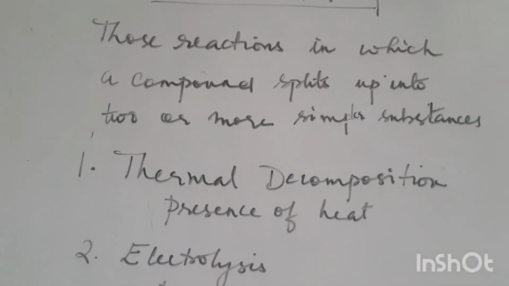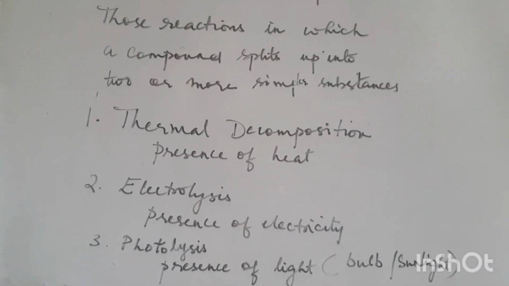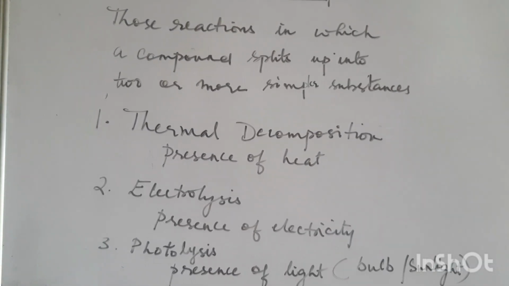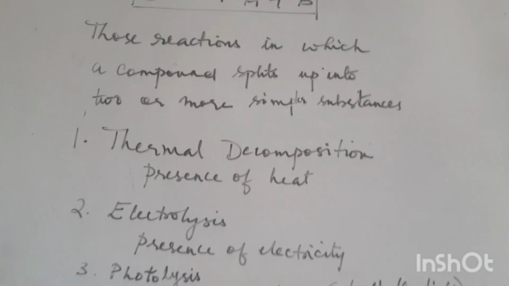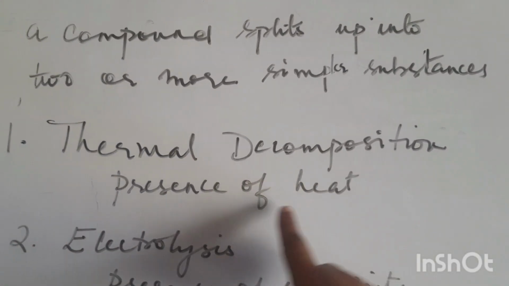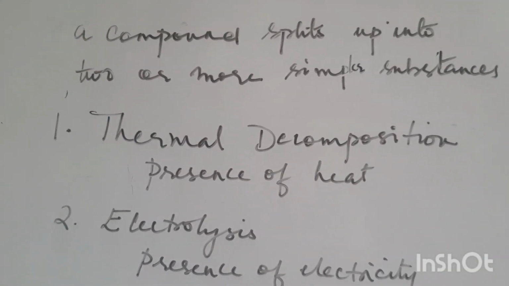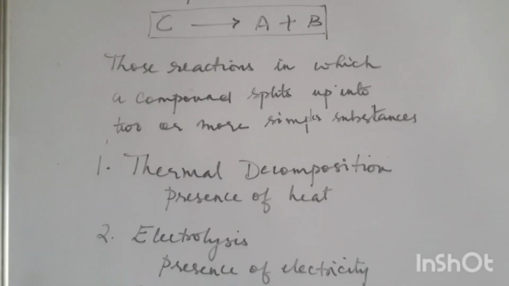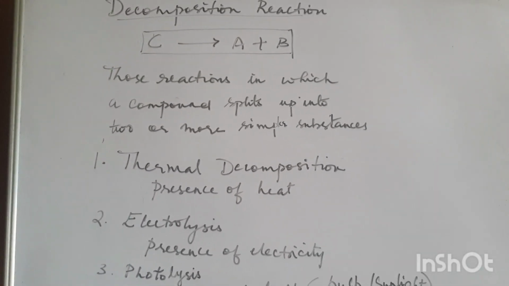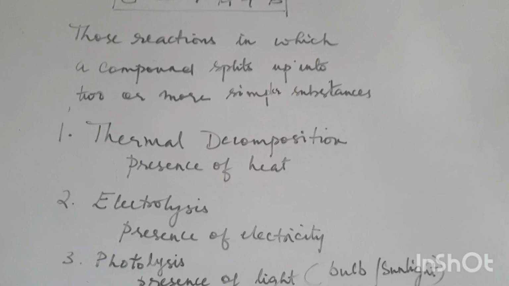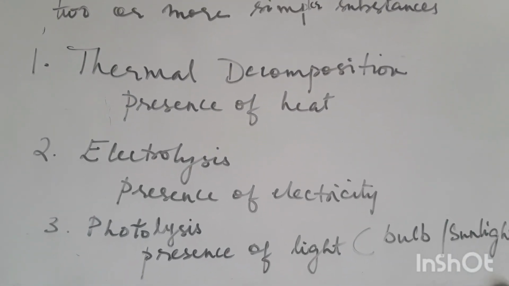So here different types of decomposition reactions are there. If the decomposition happens in the presence of heat, I've written over there that to be a thermal decomposition. And if the decomposition happens in the presence of electricity, then you call it electrolysis.